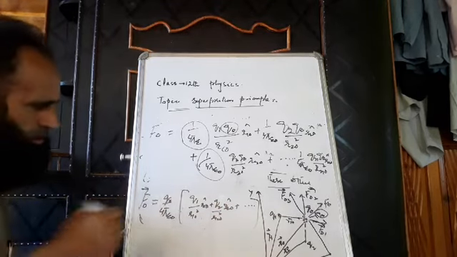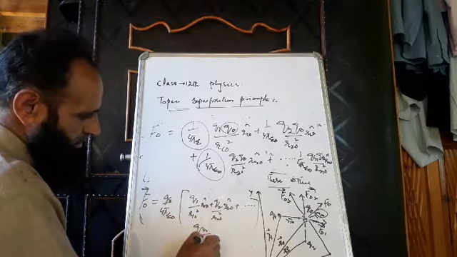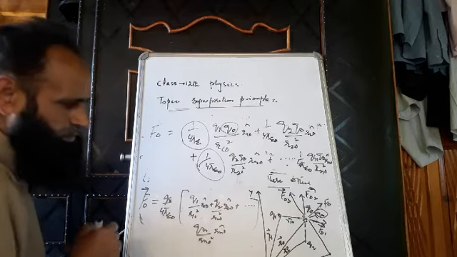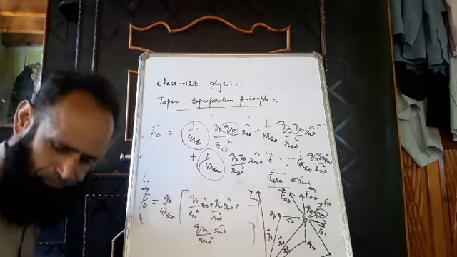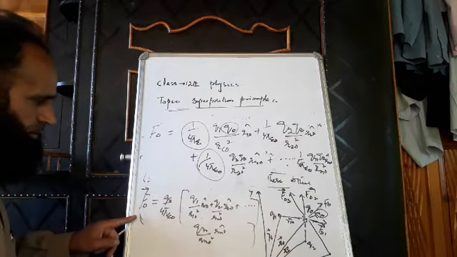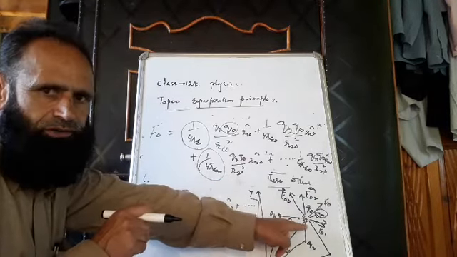There are so many terms. We can take it up to Qn divided by Rn0 square into the Rn0 unit vector. So this is the total force, the vector sum of all the forces acting on this charge.